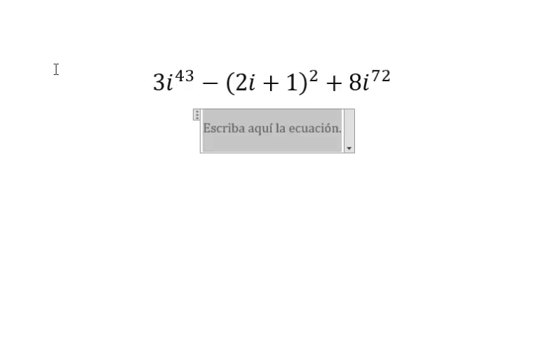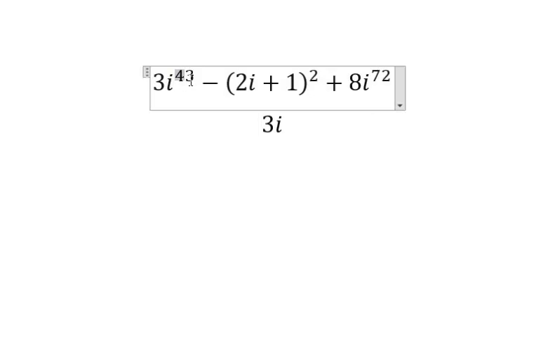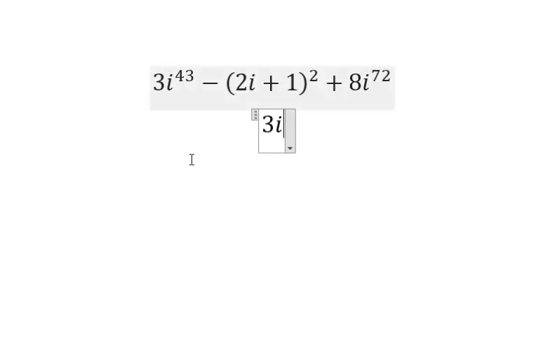I know that in the exercise I have number 3, letter I, okay, but the 43 I'm going to simplify it divided by 4. We always divide by 4 when we're trying to simplify the exponents of the power of an imaginary unit. Okay, so we're gonna divide 43 with 4.